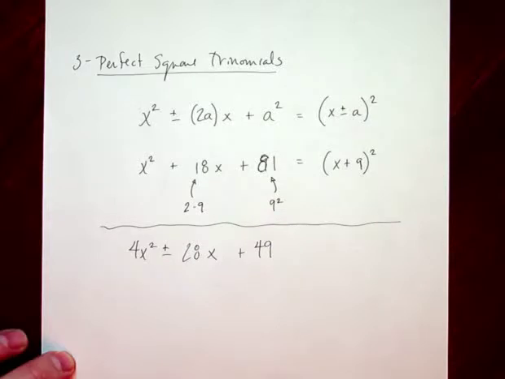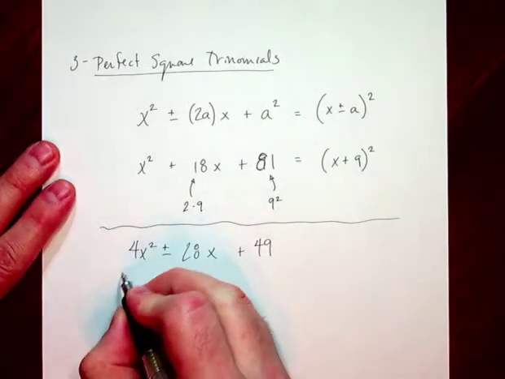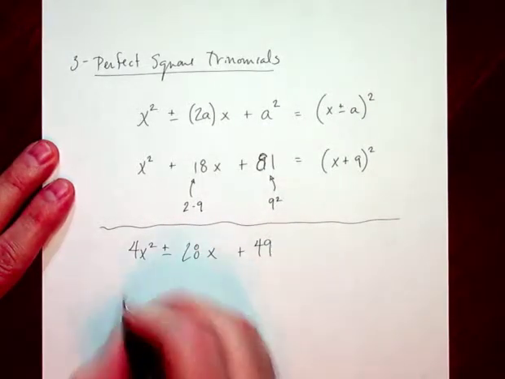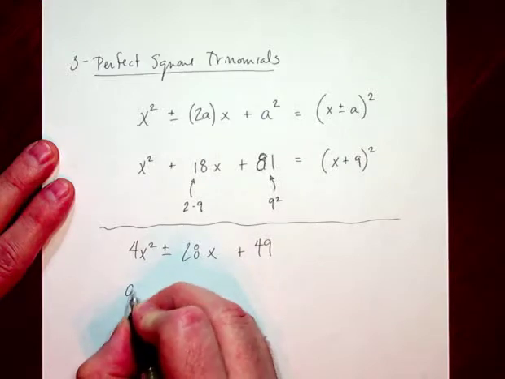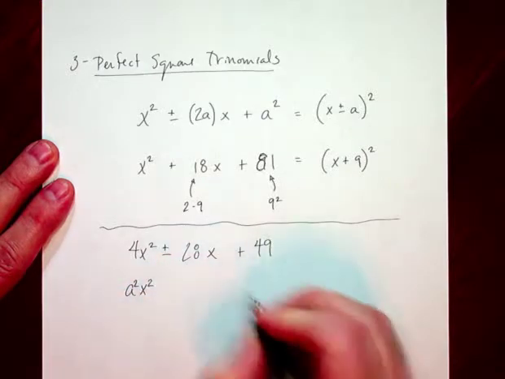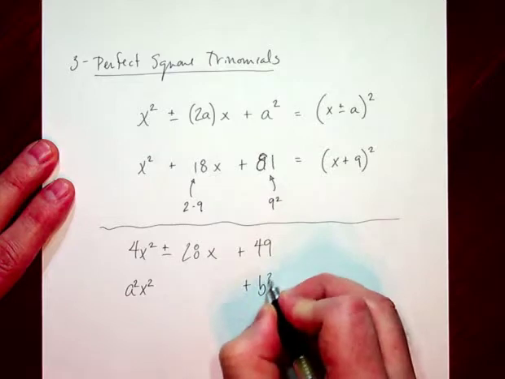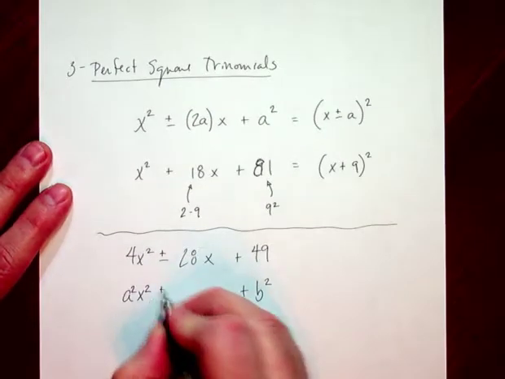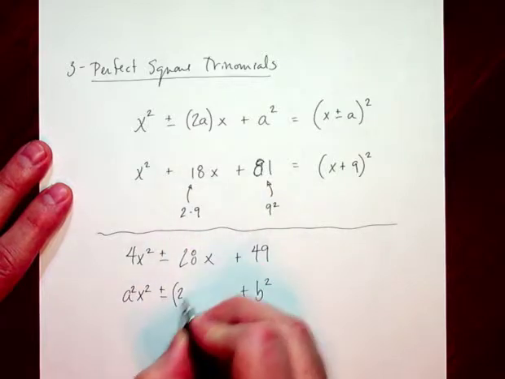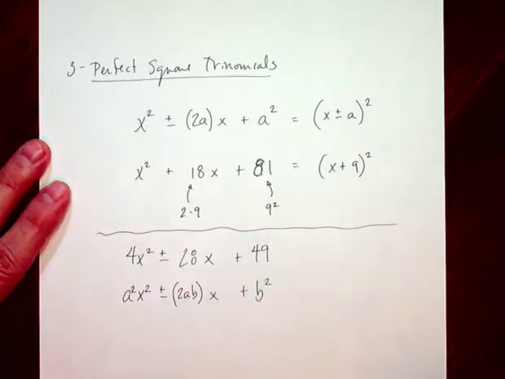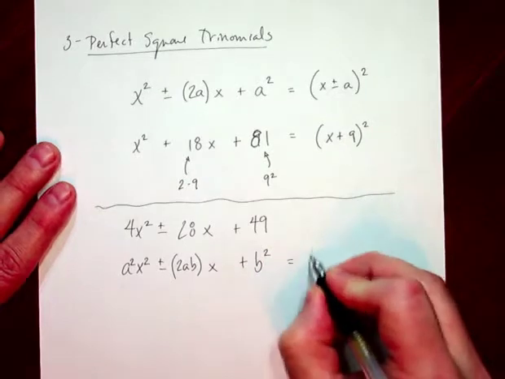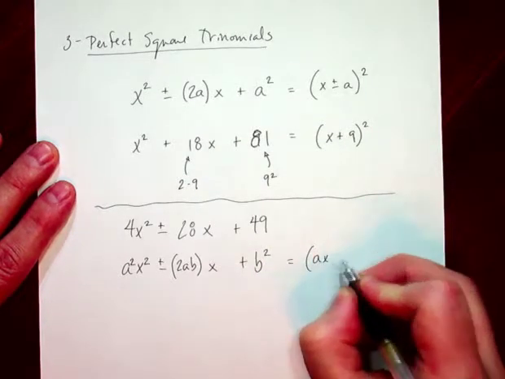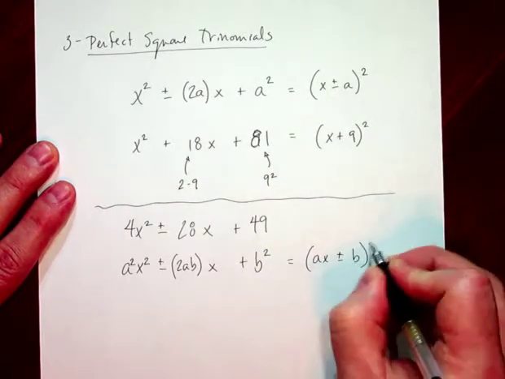The reason for that is if this is of the form a squared x squared, and this is of the form b squared, the middle is not 2a, it's 2abx. And this, of course, needs to become ax plus or minus b, squared.